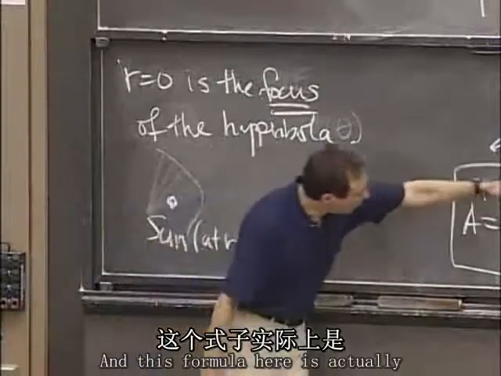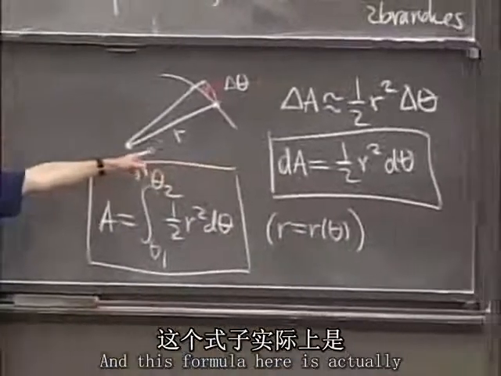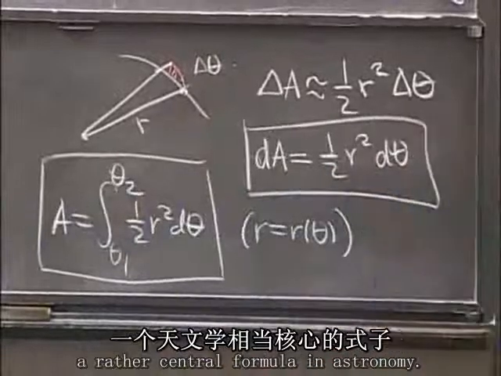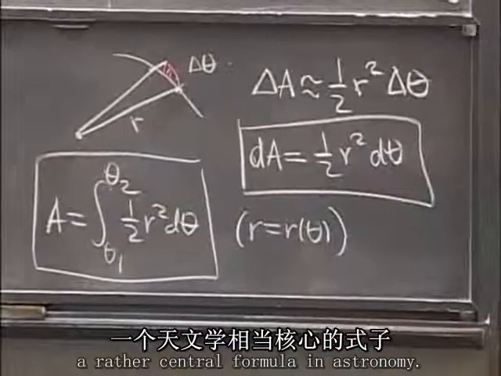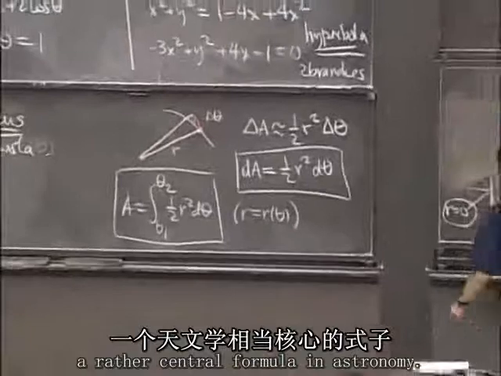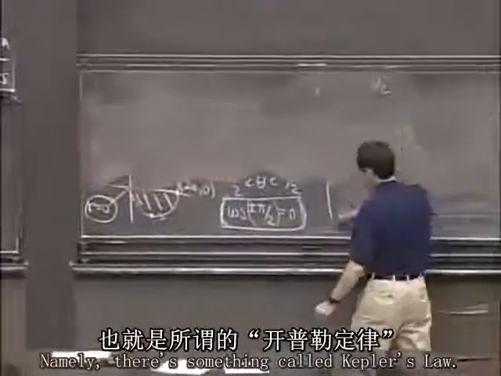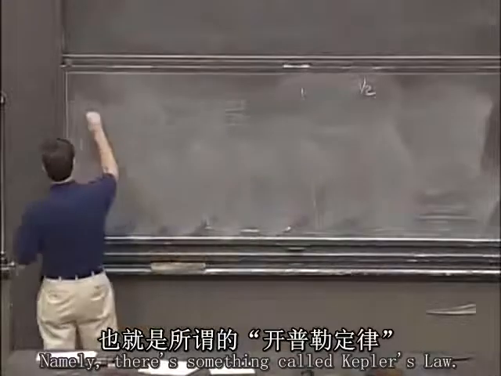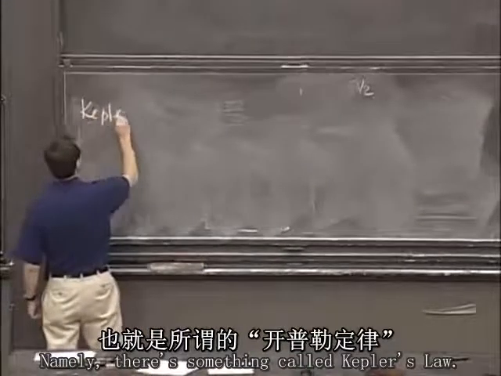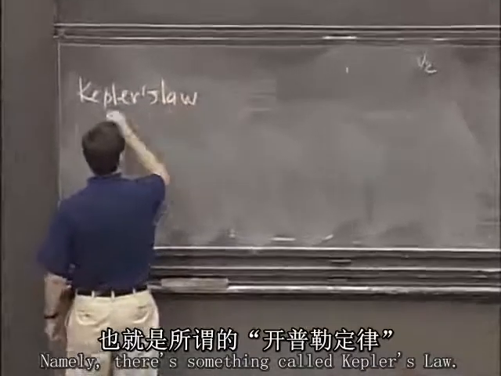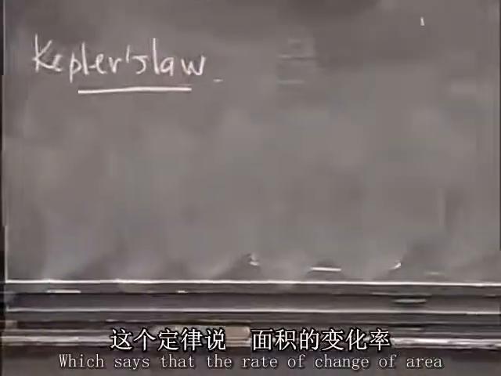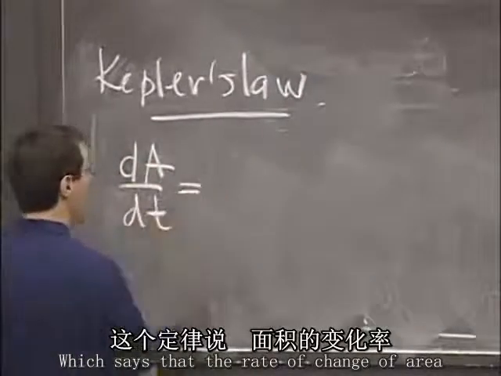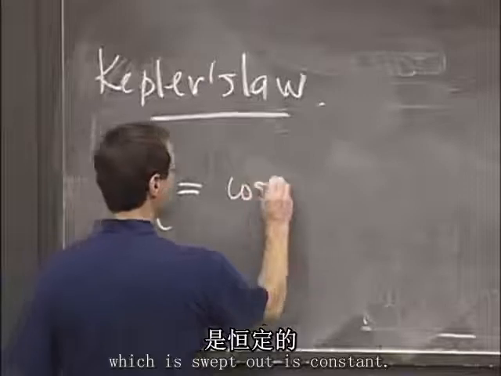And this formula here is actually a rather central formula in astronomy. Namely, there's something called Kepler's law, which says that the rate of change of area which is swept out is constant.